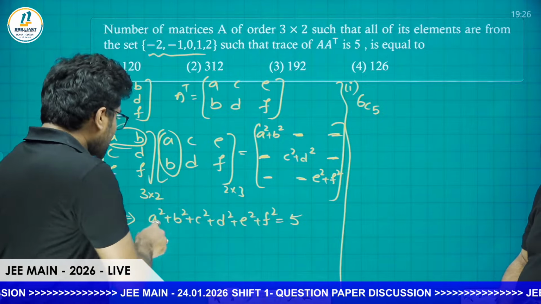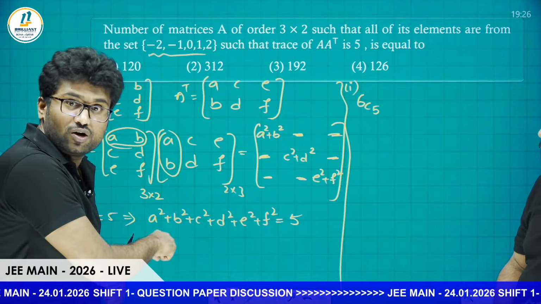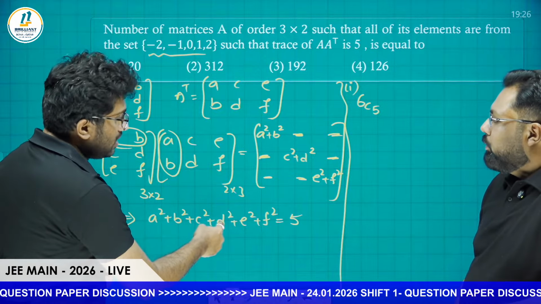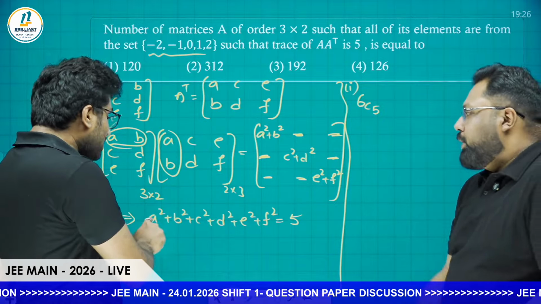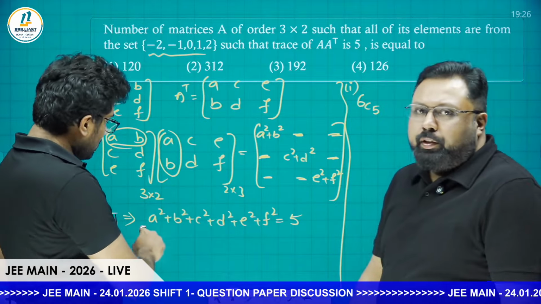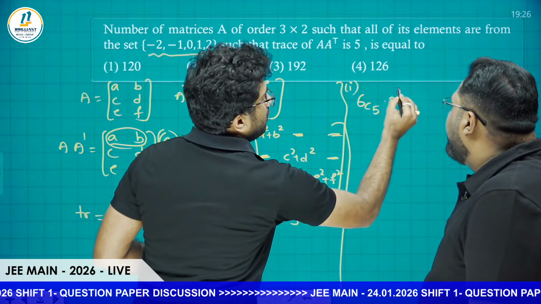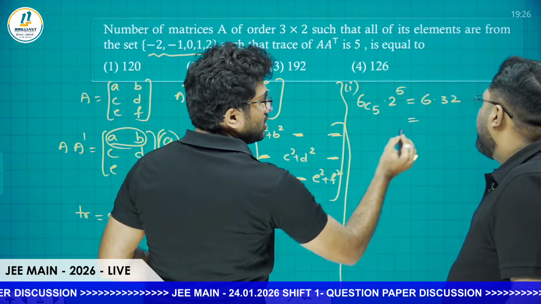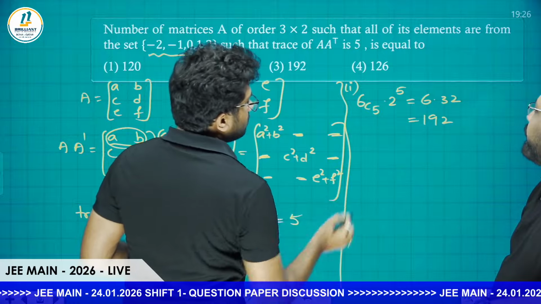Suppose you have selected A, B, C, D, E. A can take 1 or minus 1, B can take 1 or minus 1, C can take 1 or minus 1, D can take 1 or minus 1, E can take 1 or minus 1. So each element has 2 choices: 2 into 2 into 2 into 2 into 2, which is 2 power 5. 6C5 is 6, 2 power 5 is 32, and 6 into 32 is 192.